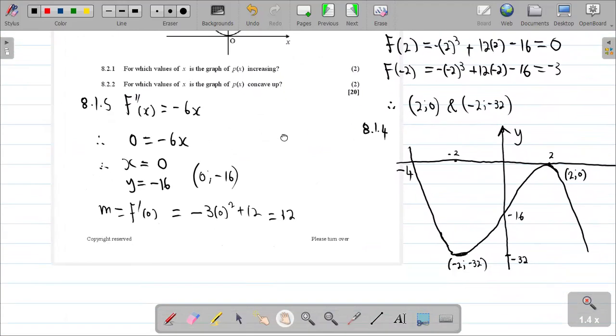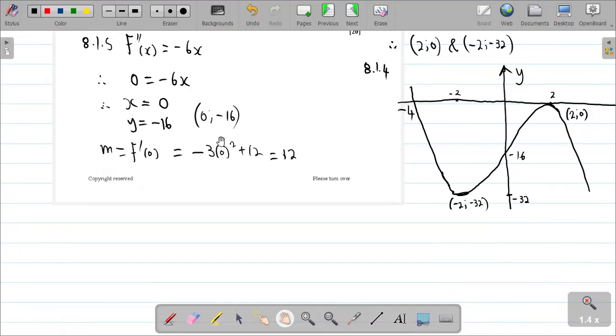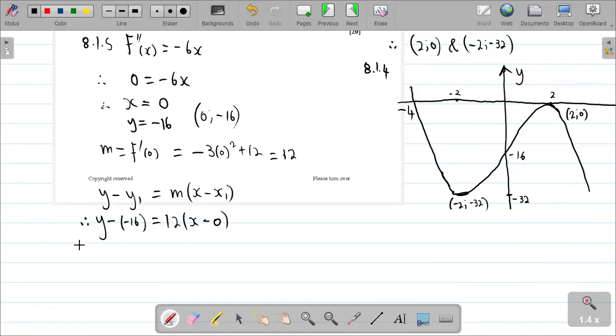So then what do we do? We use the point of inflection here as a point. So then we can find the equation of the tangent here using a straight line equation. y minus -16 equals 12 times x minus 0.